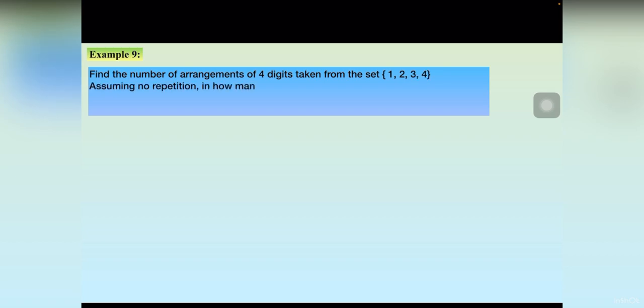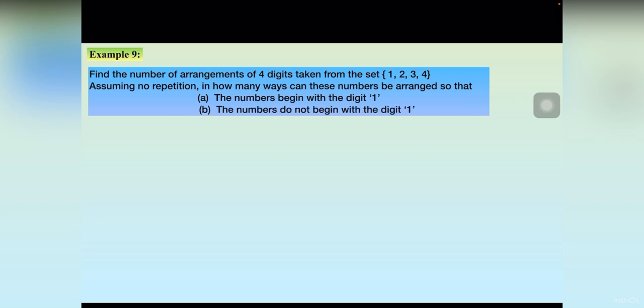Example 9. Find the number of arrangements of 4 digits taken from the set 1, 2, 3, 4.